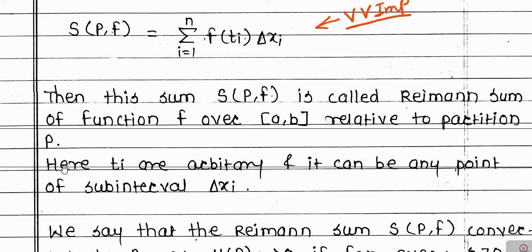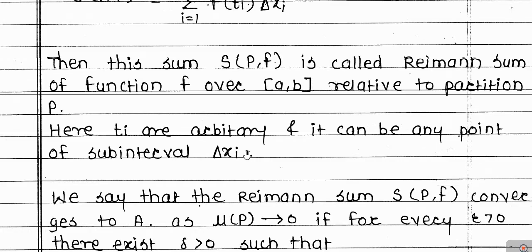So here ti can be any point in the ith subinterval, that is in delta xi.